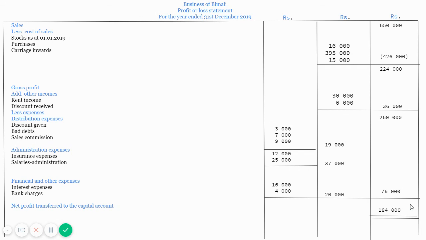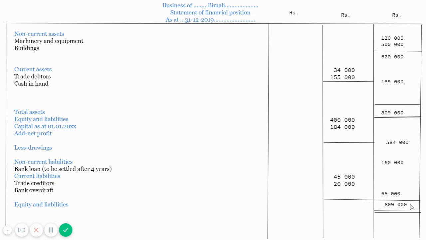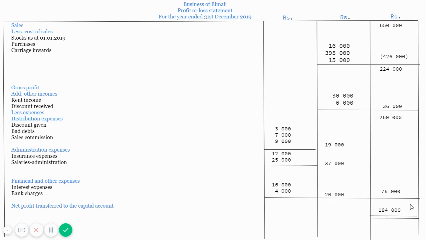Within a few minutes, try to draft the profit or loss statement and the statement of financial position using the blue color headings, and keep necessary spaces in between, as I told you at the beginning. Insert the figures in the two statements in the order of the trial balance, and as the last step, go on calculating, I mean adding and subtracting the necessary figures.